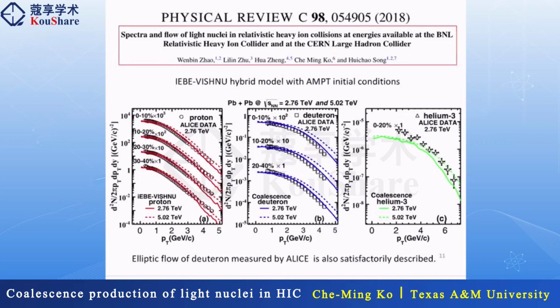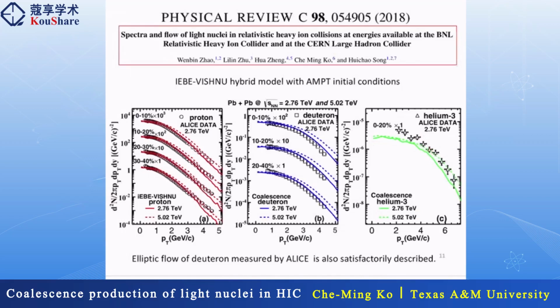Then we get a good description of all the proton spectra for the ALICE data at 2.76 TeV. Also for the deuteron, they do very well at both energies, 2.76 and 5.02. For helium-3, the data is at 2.76, and the theory is a little bit lower.